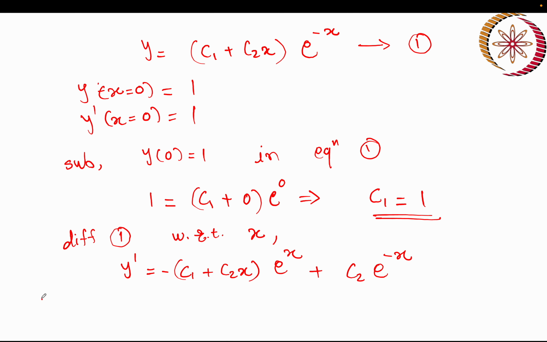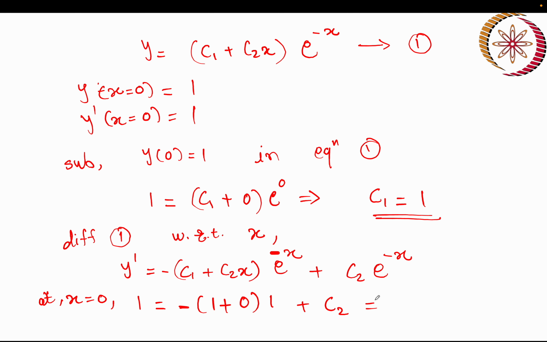At x equal to 0, y prime is 1, so we get 1 is equal to minus, c1 is 1, 1 plus 0, times e raised to minus 0, which is again 1, plus c2.